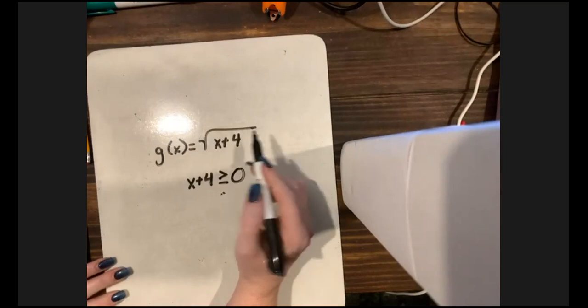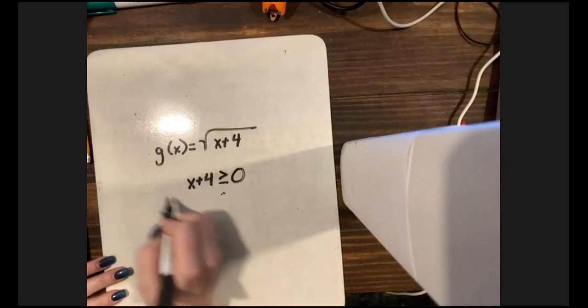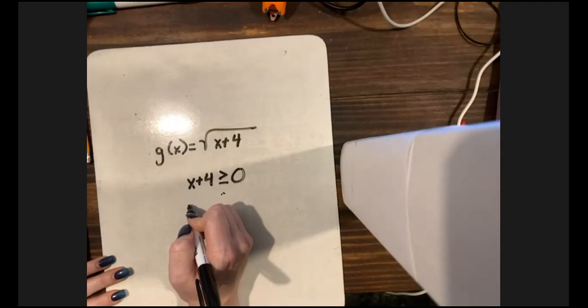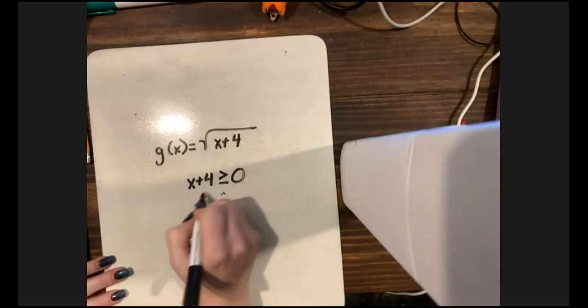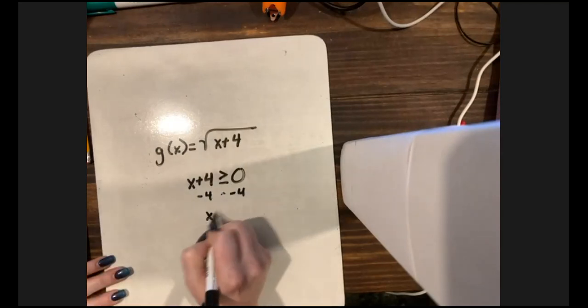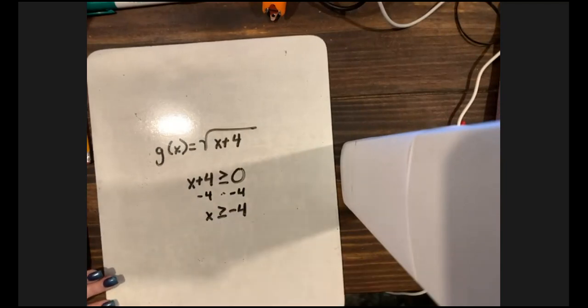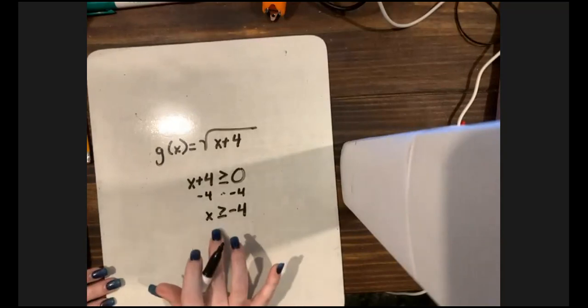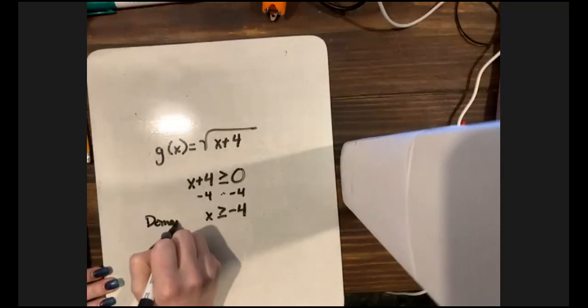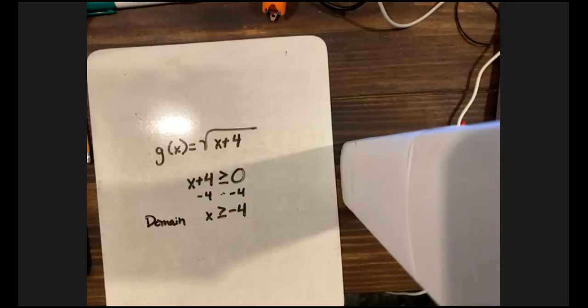Okay, that's allowed. So then we just have this, and this is just stock standard inequality, kind of like what we did way back at the beginning of semester. We would just go ahead and solve. So we would just have that our domain has to be greater than or equal to negative 4. Okay, so this would now be our domain for one like this. Okay, so those are kind of the two that we're really looking at when that happens.